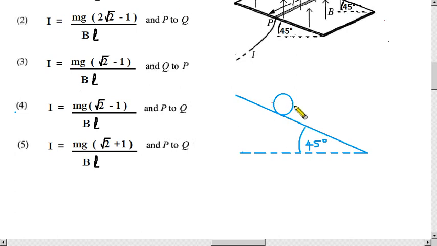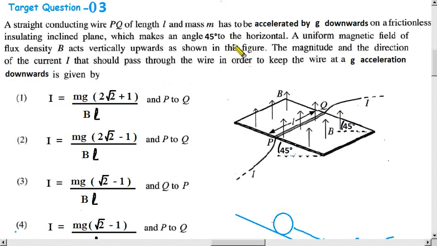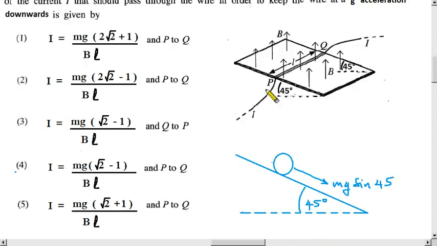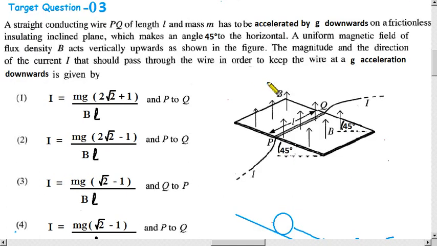Already there is a force downwards, mg sin theta, mg sin 45. Then what we want is to get a motion downwards with acceleration g downwards.